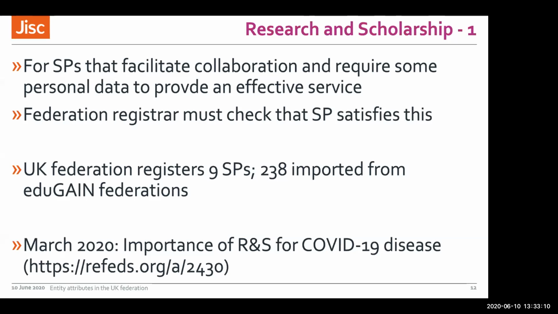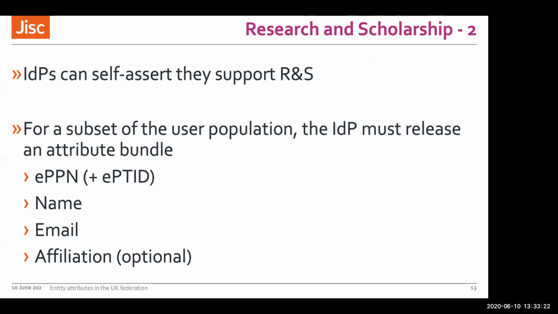And once again, I'm a little bit out of order in the sense that maybe I should have said what the attribute requirements are for research and scholarship. For IDPs that assert they support R&S, for a subset of the user population you must release a particular attribute bundle which has an identifier, a name and an email address.